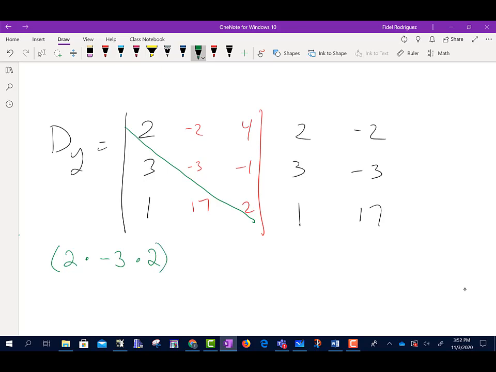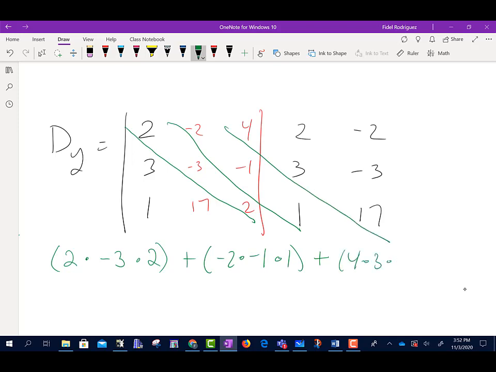Okay, so we're going to multiply those numbers together. And then my next column is going to be plus -2 times -1 times 1. Okay, plus 4 times 3 times 17. And we're going to go minus, and we're going to start coming up this way.